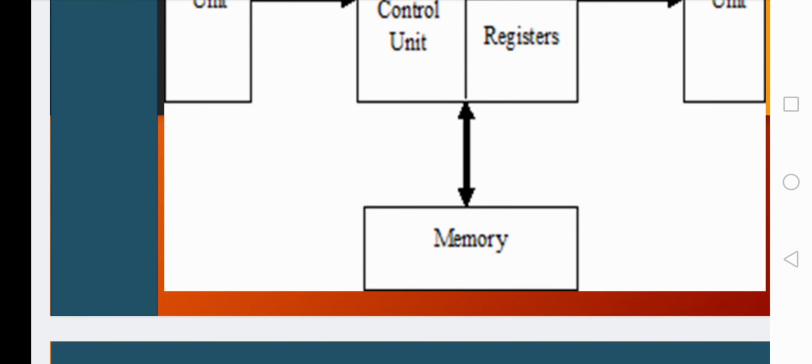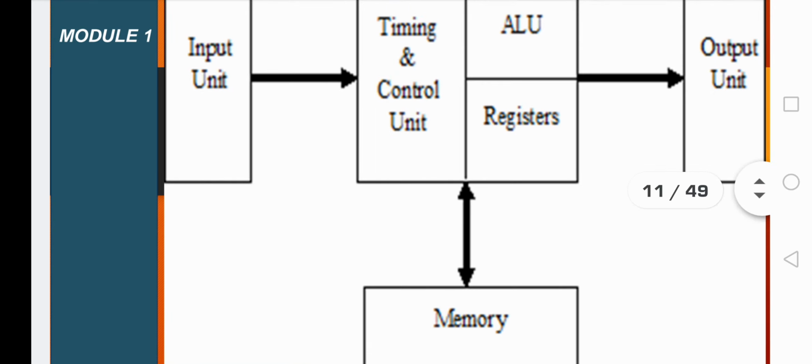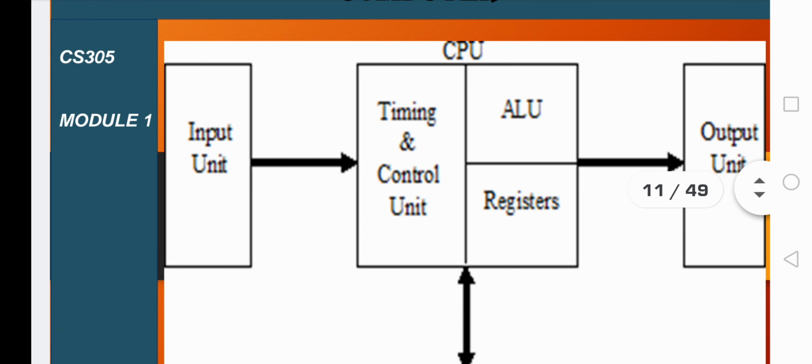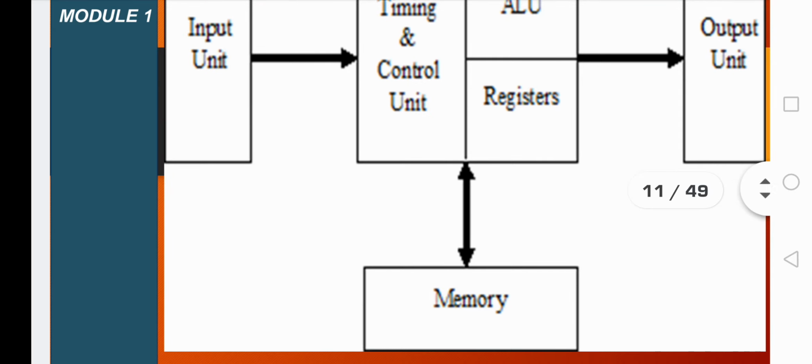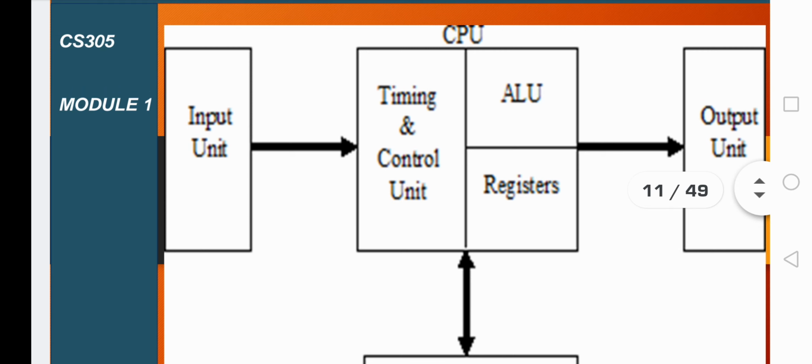So whenever the user asks the computer to execute the particular program in order to get the output for a specific number, that is, I want to find the factorial of 75, if the programmer or the user who is standing outside is asking the CPU to find the factorial of 75, at that time the processor will be taking the program from the memory.